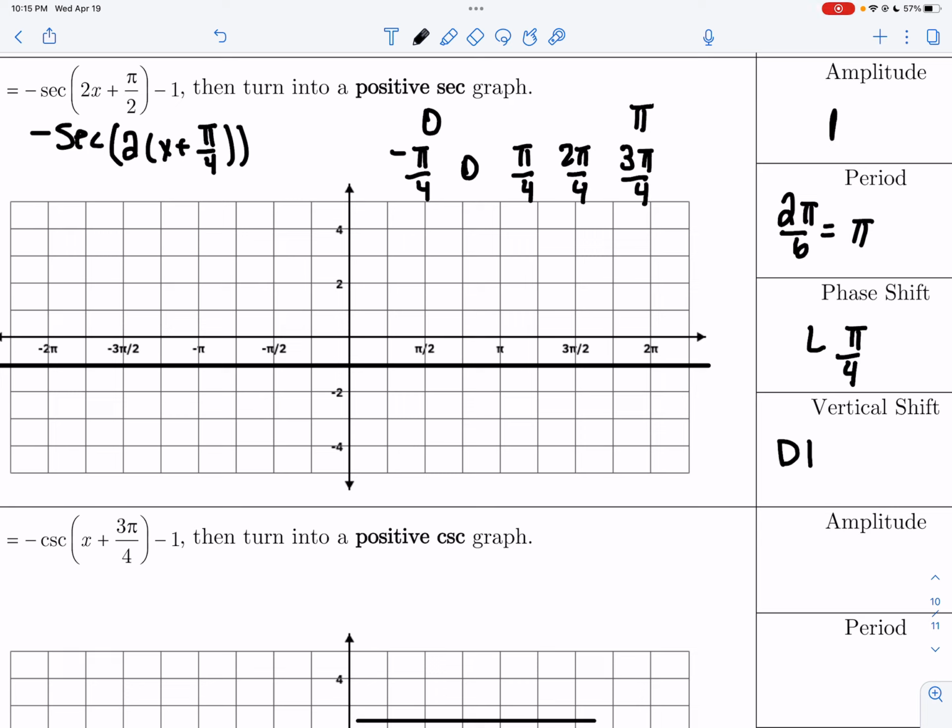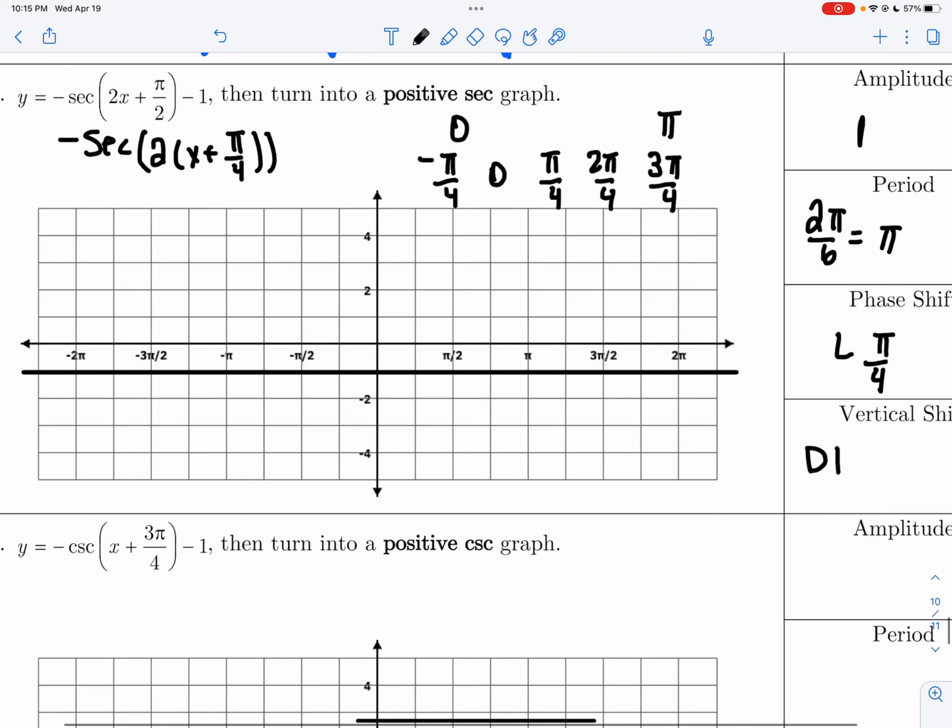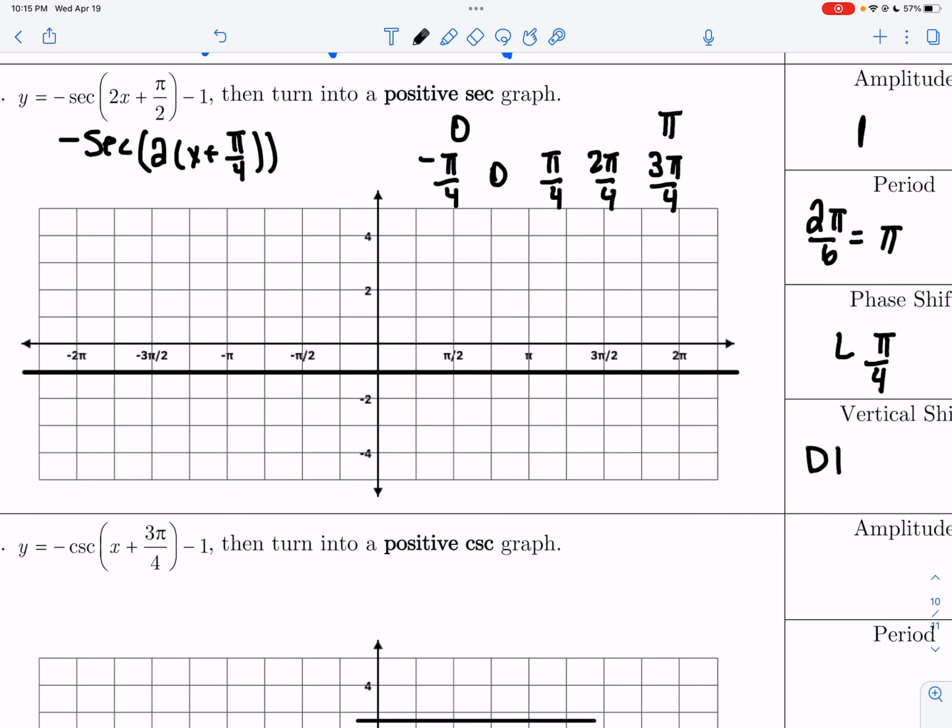Or just a half. All right, so I'm going to start at negative pi over 4. And since this is a secant graph, this is going to be a cosine graph. But also it's going to be a negative cosine graph. So instead of starting at my midpoint, I'm going to start low, and I'm going to start at negative 2.